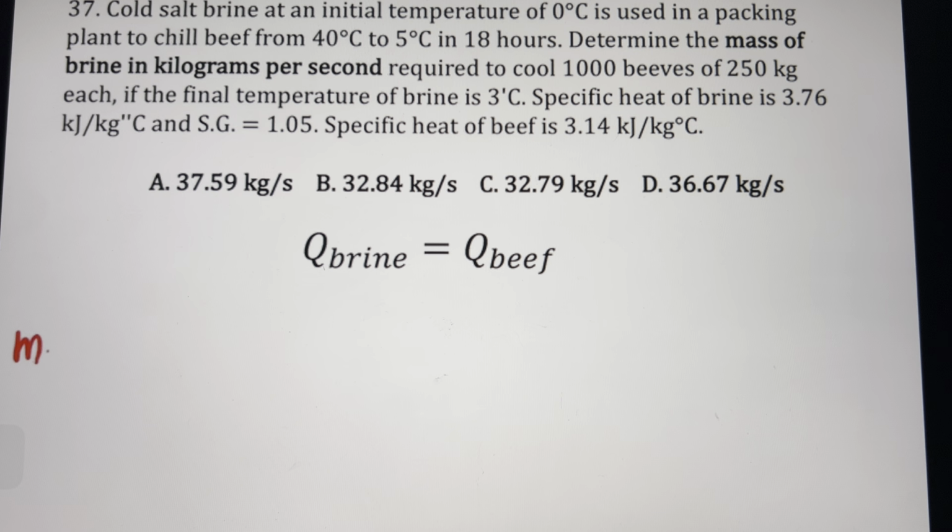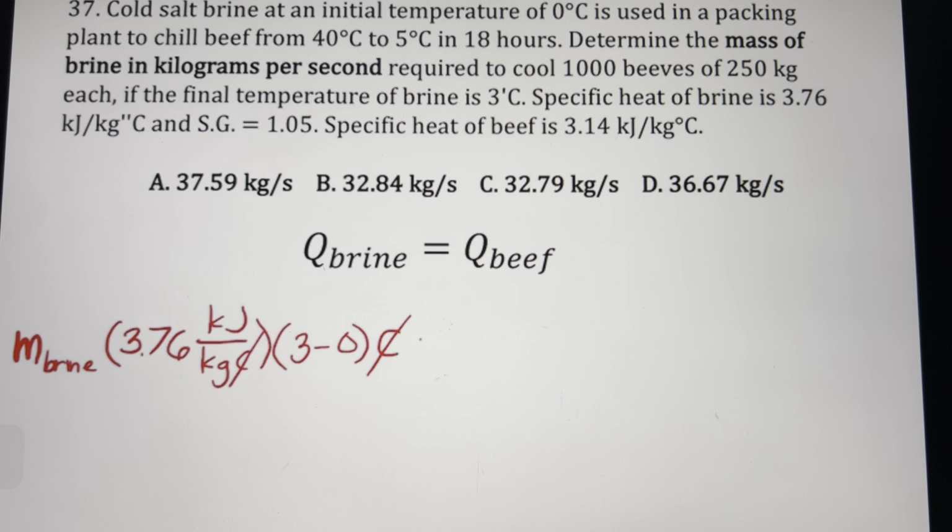So for the mass of the brine times Cp of brine, and that's 3.76. Again, the sensible heat is mCp delta T times the change of temperature of our brine. So initially, our brine is at 0, and the final temperature is 3. So this will be 3 minus 0. And for our right side, the mass of the beef, so there are 1,000 beef, and there is 250 kilograms on each one.